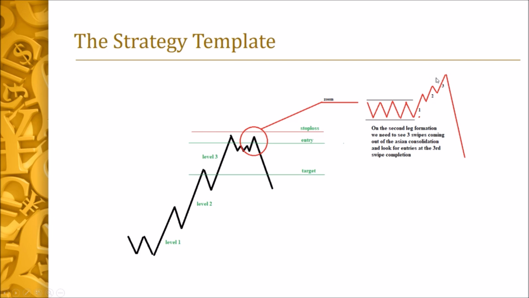So on the second leg formation, we need to see 3 swipes coming out of the Asian consolidation and look for entries at the third swipe completion. This will be how our entry point, stop loss, and target will look.